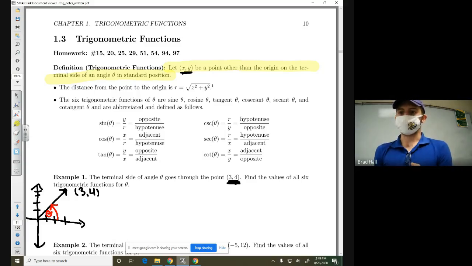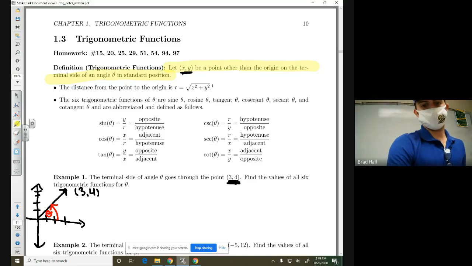So let (x, y) be a point other than the origin. In our example, we have (3, 4) on the terminal side, which helps us determine what the angle is. So far, so good. The distance from the point to the origin is, you might recognize this formula, Pythagoras' theorem, just slightly rewritten.